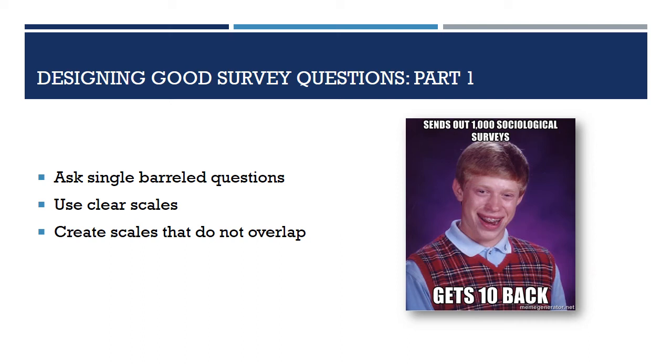So if you're going to use a Likert scale, like a 1 to 5, you put 1 equals strongly disagree, 5 equals strongly agree, and then in between it's clear that it's agree, neutral, or something to that effect so that they understand there's a difference. And then if you're going to ask participants, for example, how long they've played sport, you want to use scales that are like a 1 to 2, 3 to 4, 5 to 6, so that it's not a 1 to 3, a 3 to 4, because again, it will mess your data up and you won't get accurate answers.